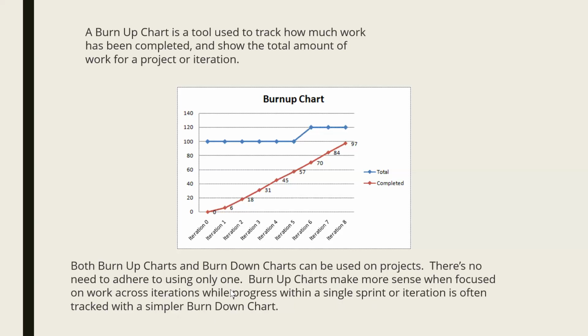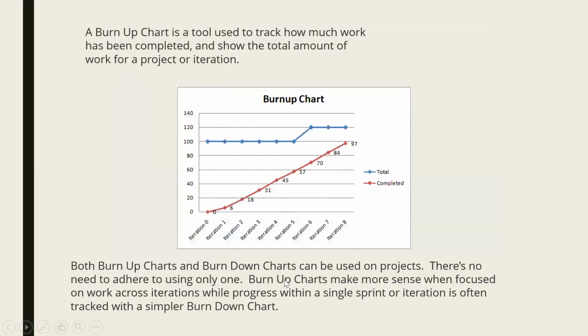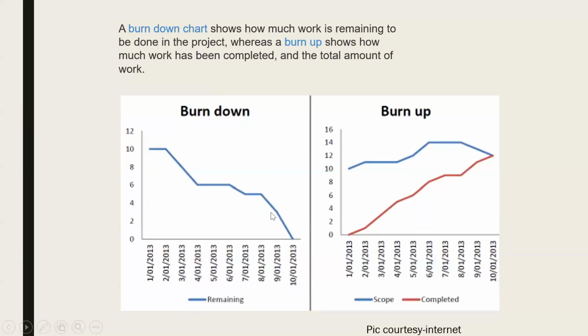So from one iteration to another, we can use burn up, but for burn down, within the sprint only we will see. Burn down is within the sprint. Burn up is across the sprints, across iterations.